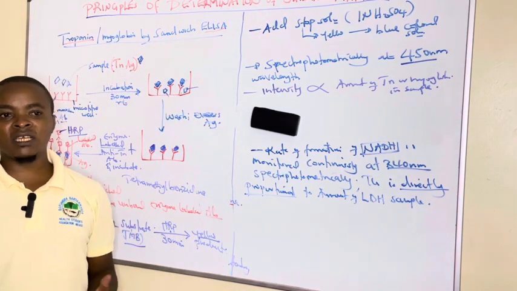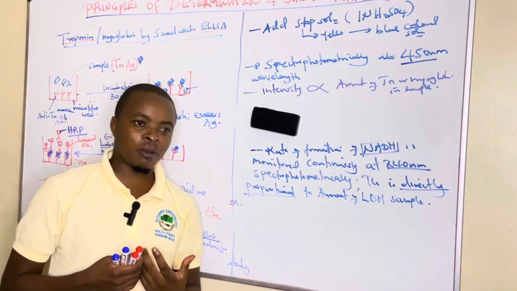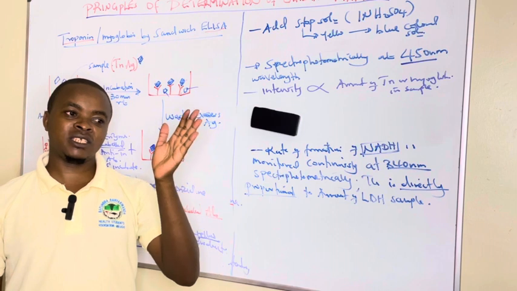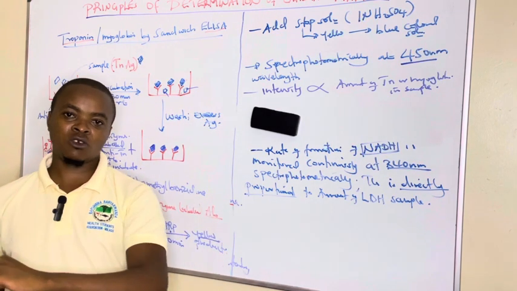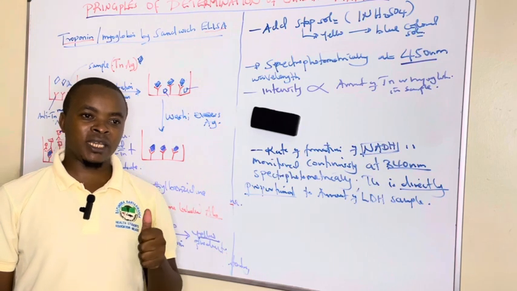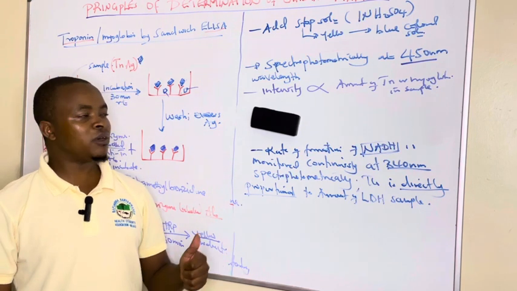Sometimes, qualitatively, we also use rapid strips, which utilize the same principle, whereby these strips have the test pad and the control pad, and the test pad is immobilized with monoclonal antibody.